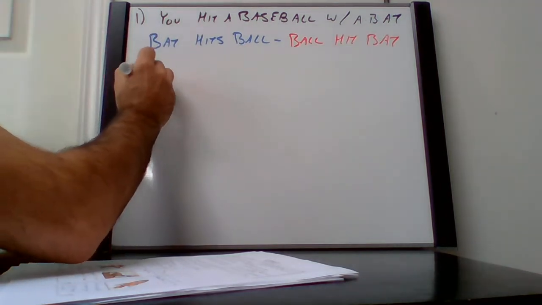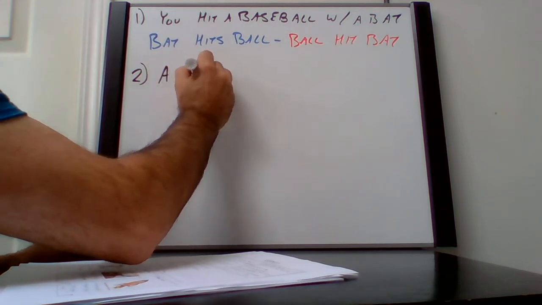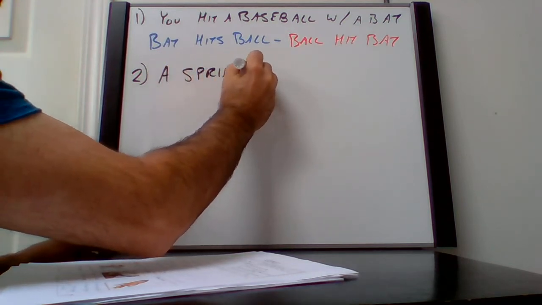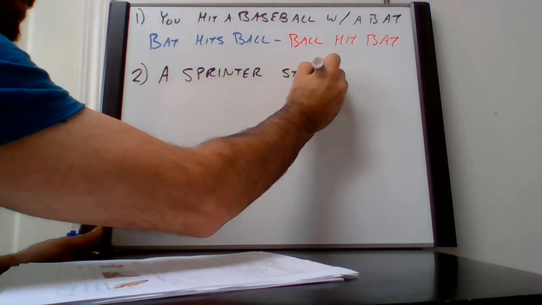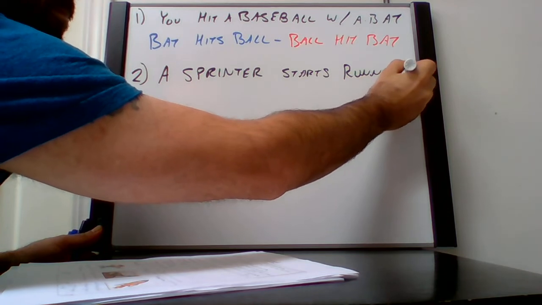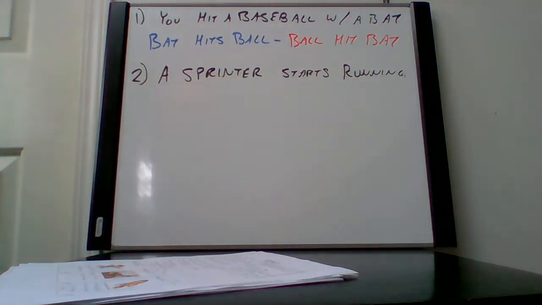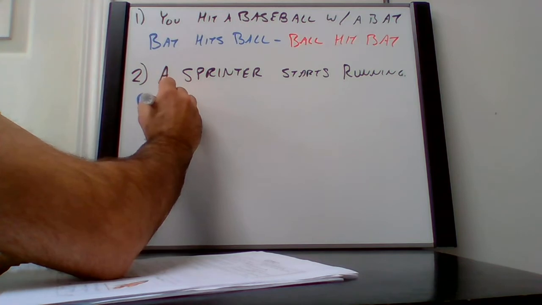All right, let's take a look at example 2: a sprinter running a race, or a sprinter starts running. In order for the runner to start running, the runner pushes off the ground.